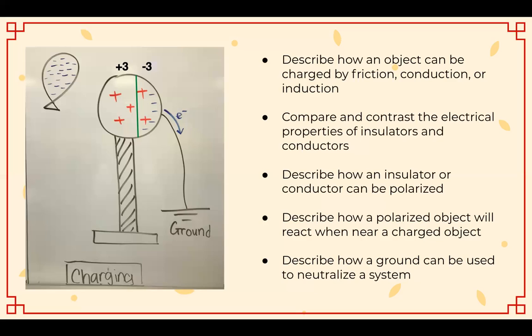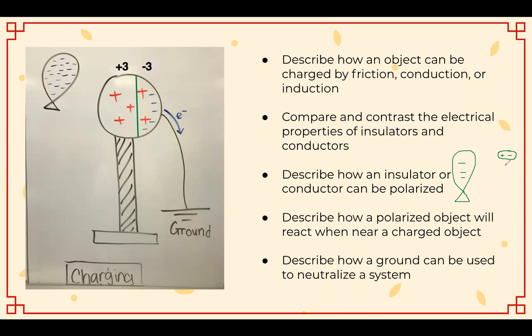However, let's say we draw an insulator on the side here. Let's say I bring a negatively charged balloon by. There's the balloon with its negative charge. An insulator can't let its electrons go wherever. So what it does instead is the atom of an insulator will rotate.